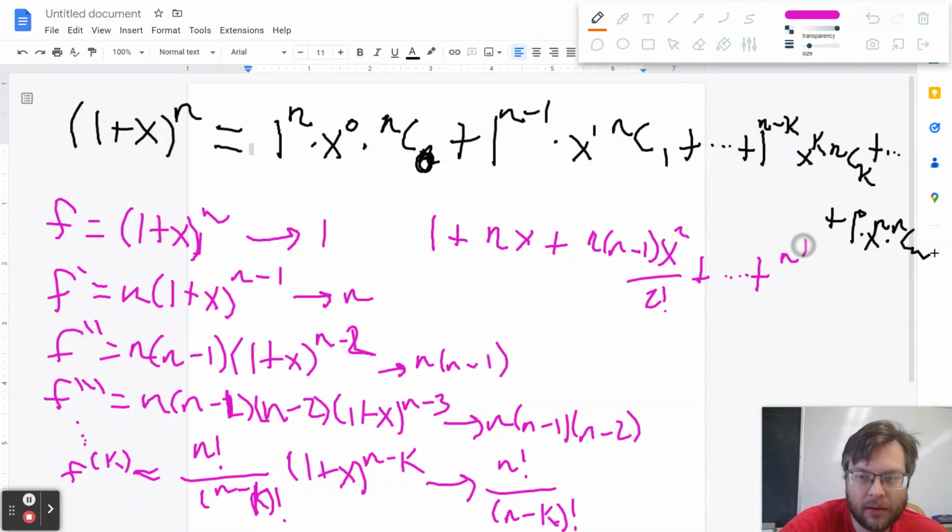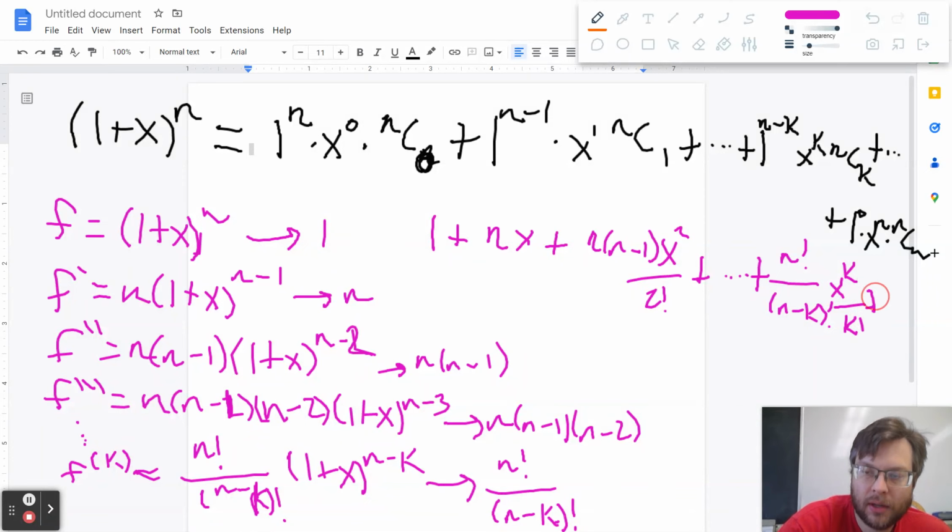Here we have n factorial over n minus k factorial times x to the k over k factorial, all the way up to n factorial over n minus n factorial, which is 0 factorial, times x to the n over n factorial.